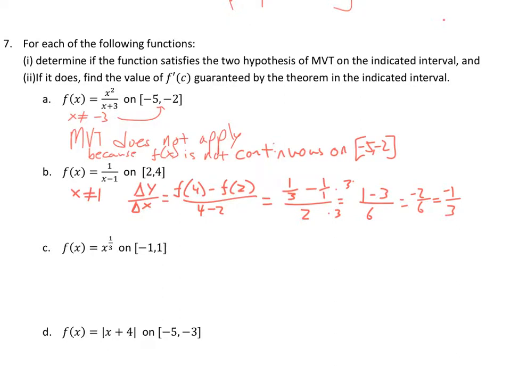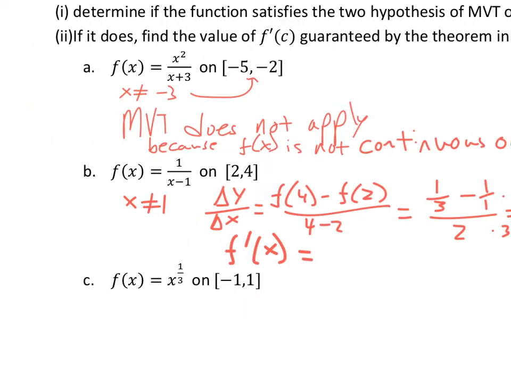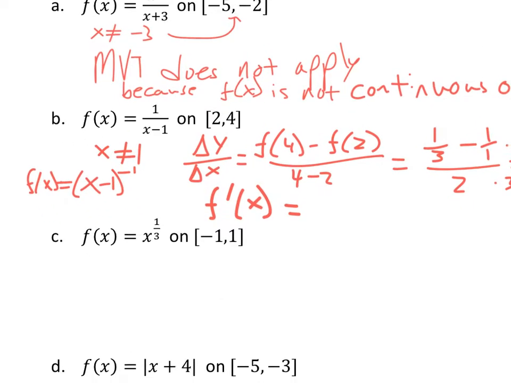And so now we've got to find the derivative of f. All right, and so we can think of this as x minus 1. You can use the quotient rule, or you can think of this as f of x equals x minus 2 to the -1.